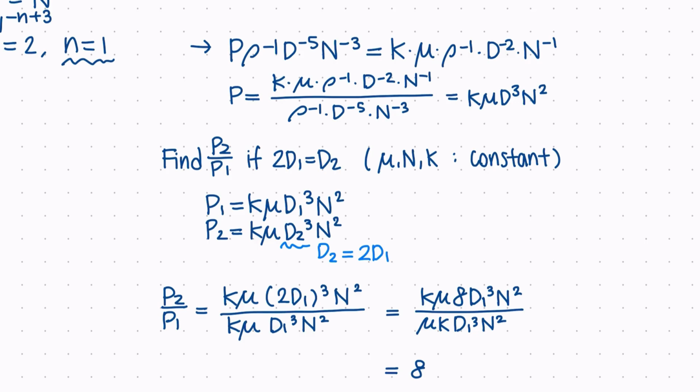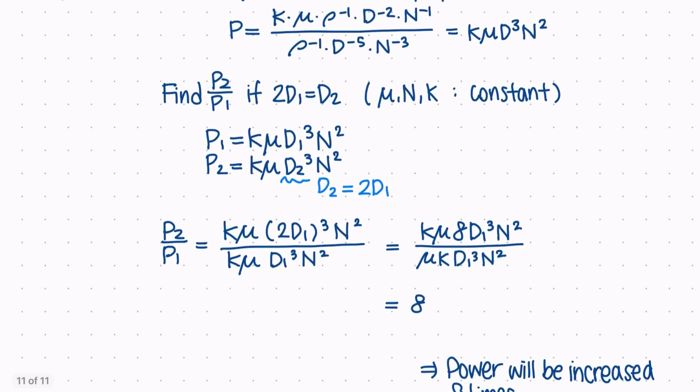We can write the same equation for p2 as well, and substitute d2 equals 2 times d1. So to find p2 over p1, we can rewrite the equation like this.